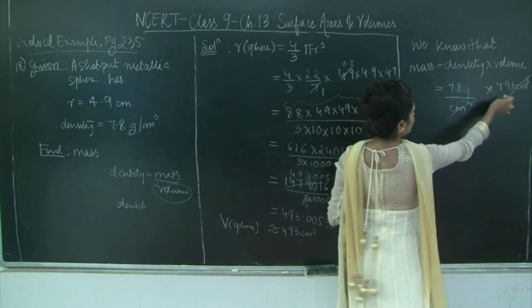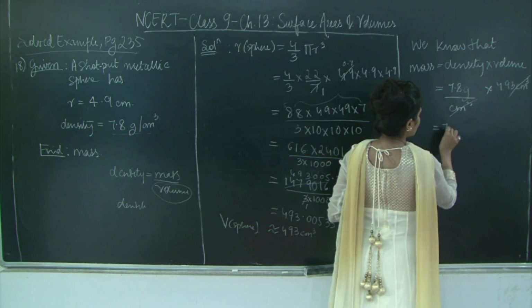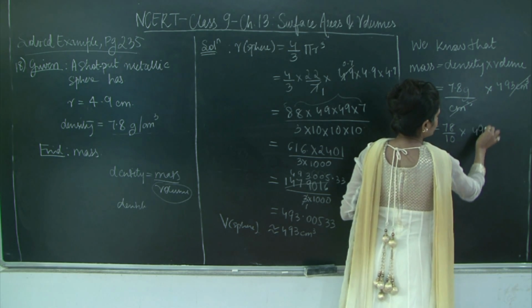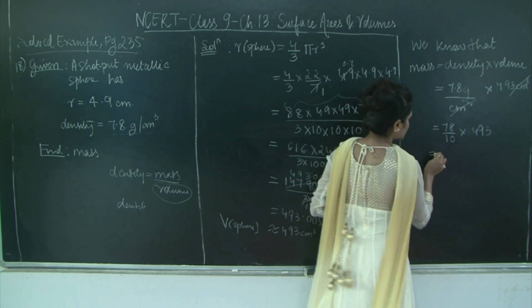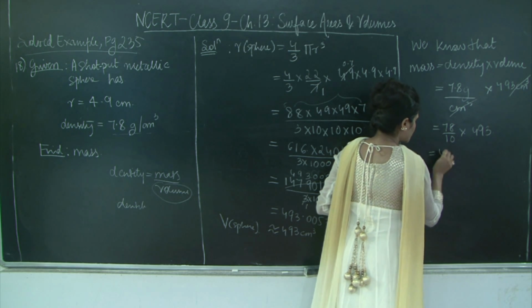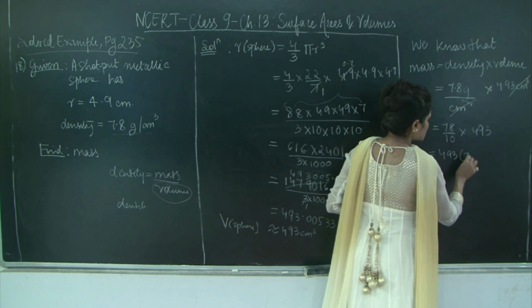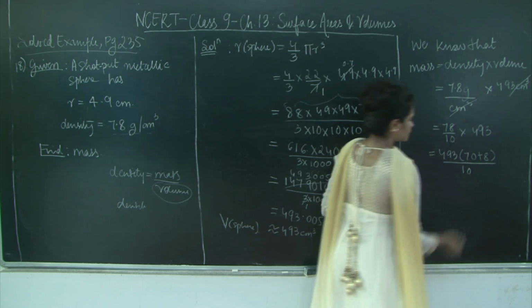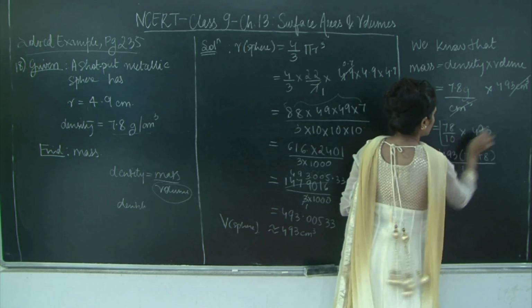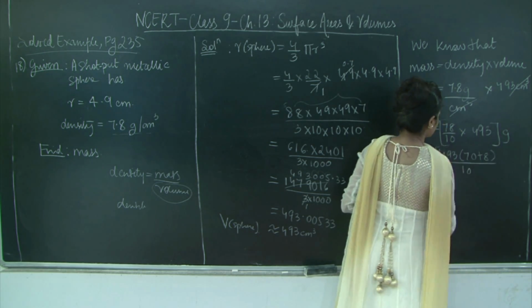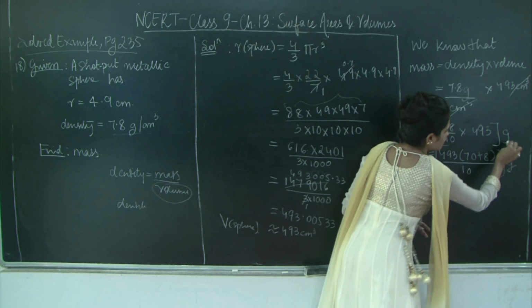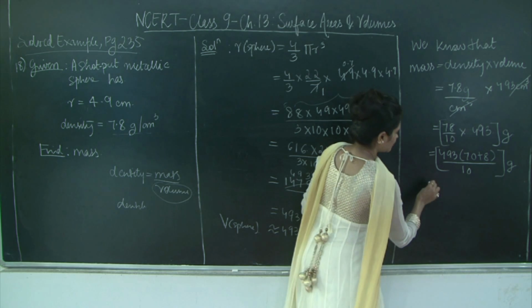So you get 7.8 into 493, which is 78 upon 10 into 493. So we'll do 493 into 70 plus 8, divided by 10, and this will be in grams. I write G so that you don't confuse it with a 9.